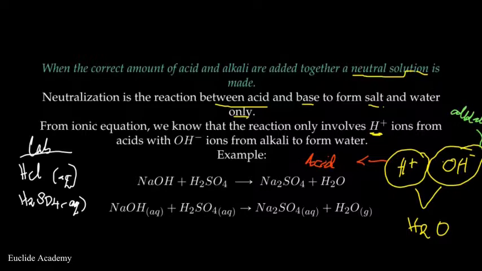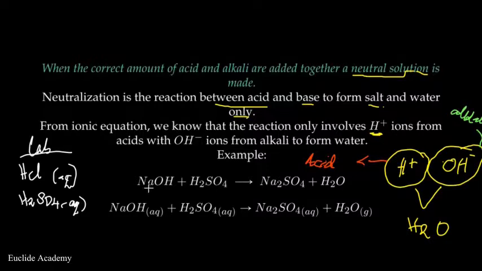Let's look at some example equations on how this happens. Here we have sodium hydroxide reacting with sulfuric acid. You have to note the chemical symbols for these substances, for the acids as well as for the alkalis.